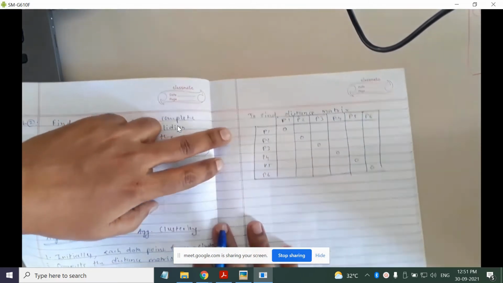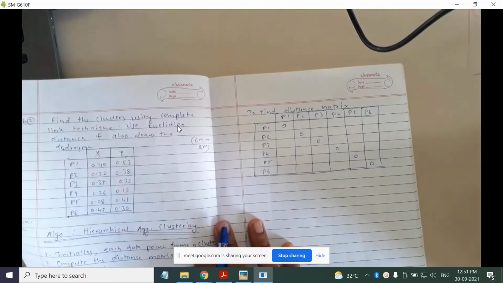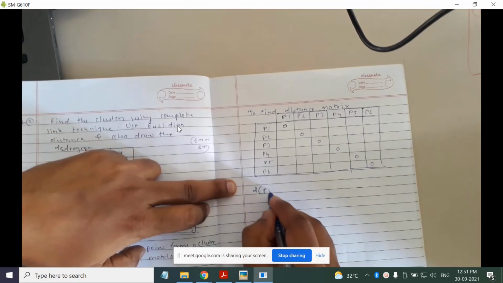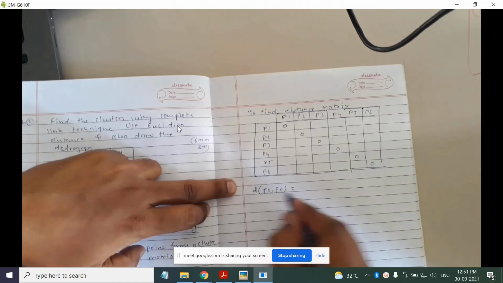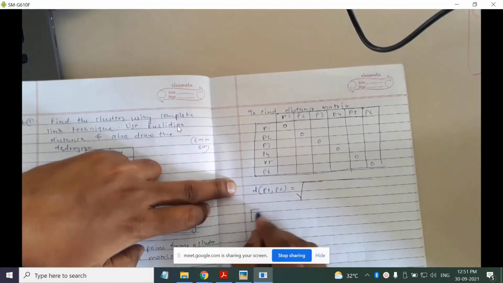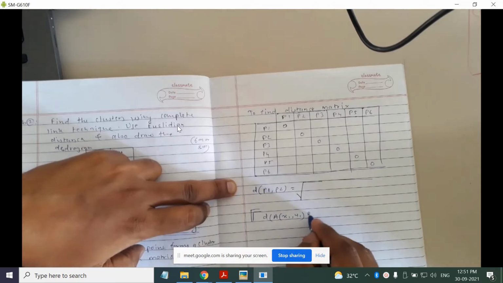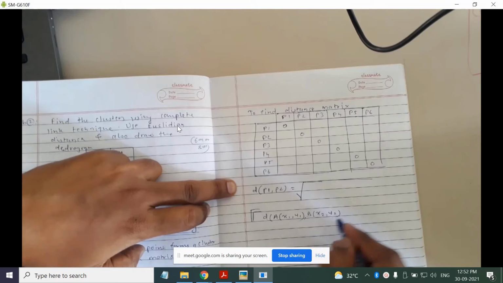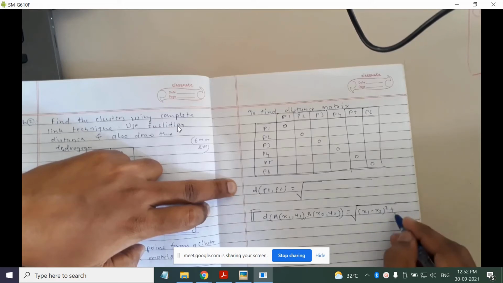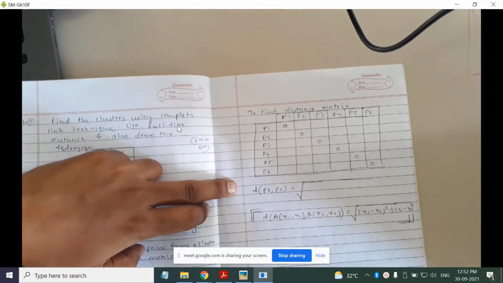They have mentioned that the distance will be calculated using the Euclidean formula. So the distance between P1 and P2 will be what? We know the distance formula. The distance between A, represented by x1 y1, and B, x2 y2, is the square root of the square of the difference between the x coordinates plus the square of the difference between the y coordinates.